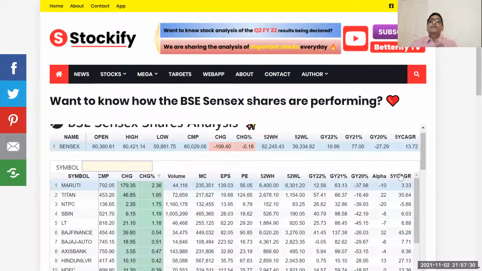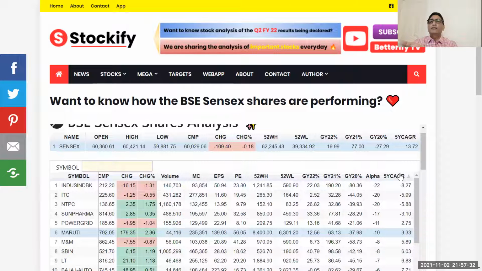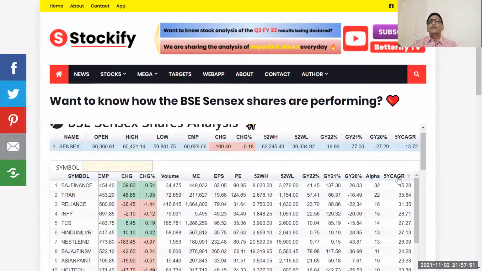So when we sort on the 5-year CAGR column, then you will see which stocks are beating the market and which are not. All the negative values indicate they are declining. So their compounded average growth rate in the last 5 years, excluding the current year, is declining. And then when you sort, let us say, in ascending order, you will know, for example, Bajaj Finance's 5-year CAGR value is 45%.